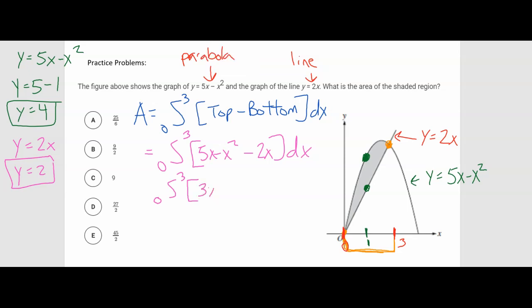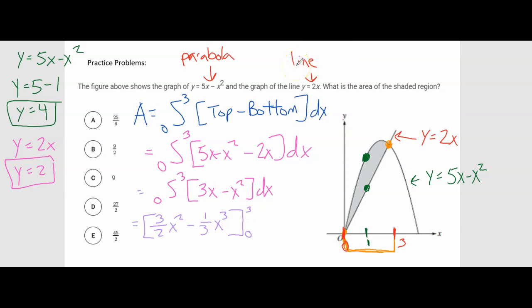I'm going to end up getting 3x minus x squared dx. Once I actually take the antiderivative here, I'm going to get 3/2 x squared minus 1/3 x cubed. And I'm going to be evaluating that on the interval 0 to 3.